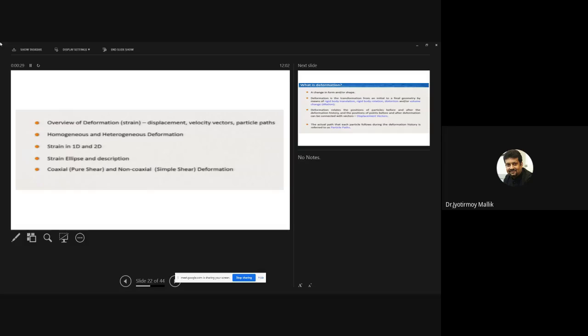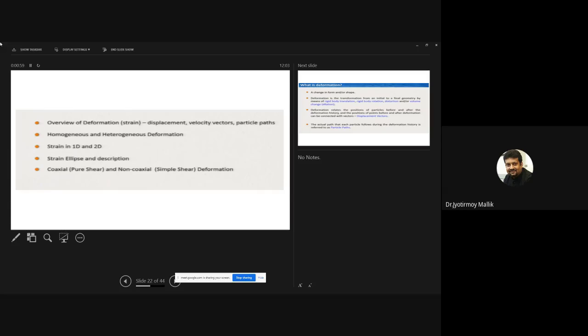Okay. So what we are going to understand in the next 3 or 4 lectures is the overview of deformation, displacement, velocity vectors, particle paths. We're going to talk about homogeneous and heterogeneous deformation. We are going to look at strain in one dimension, two dimensions, and later in three dimensions too.